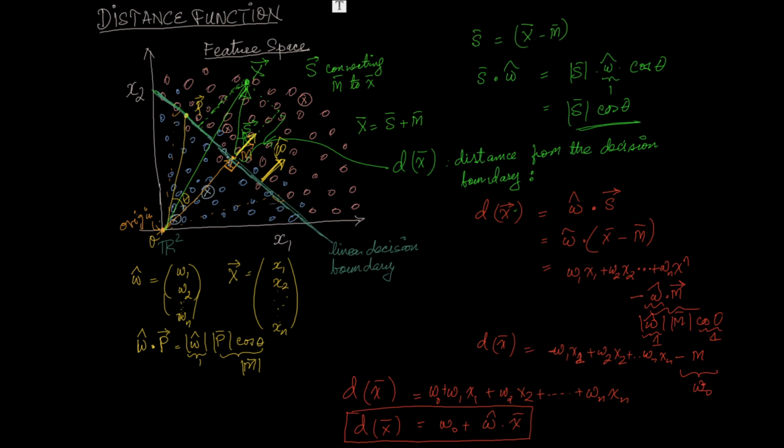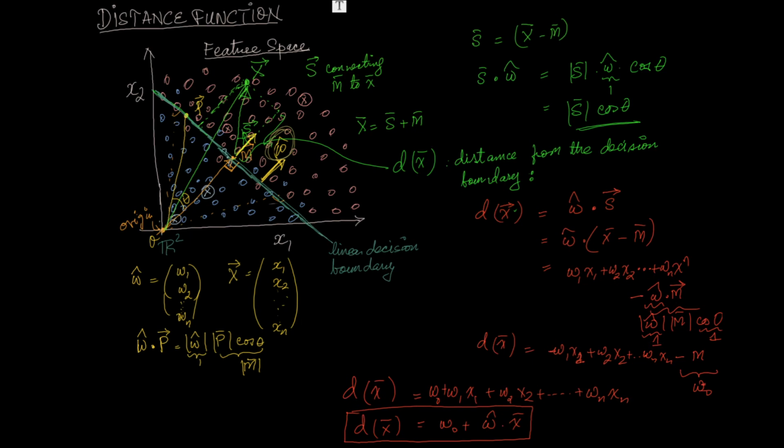We'll come to that. But given a decision boundary, we have an orthonormal vector W, and once we have this W vector, then we have just one more piece of the puzzle, which is how far that hyperplane is from the origin.